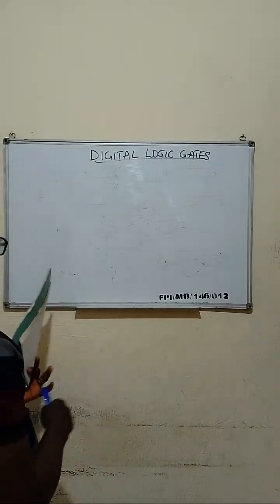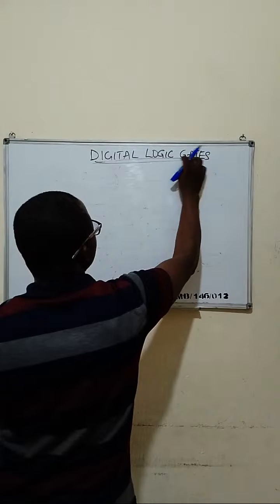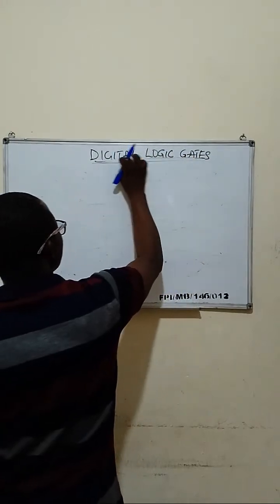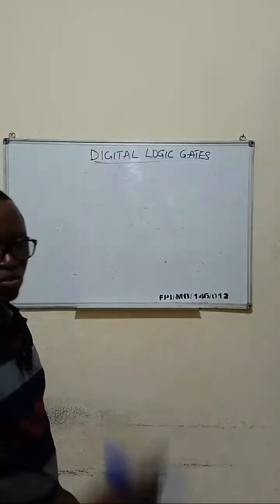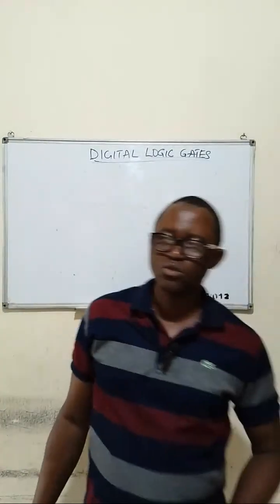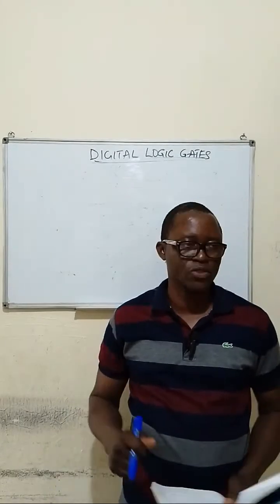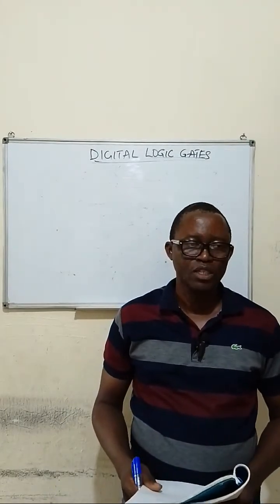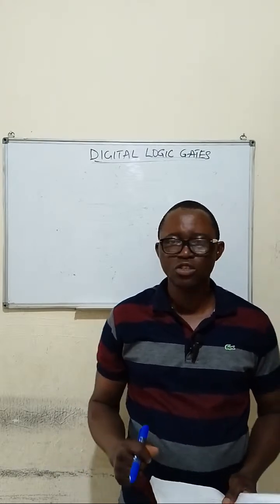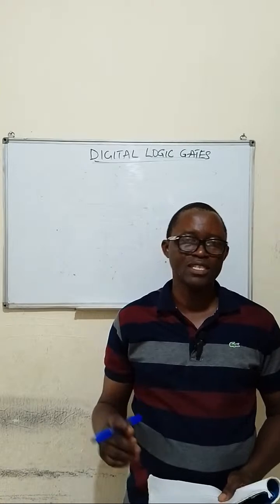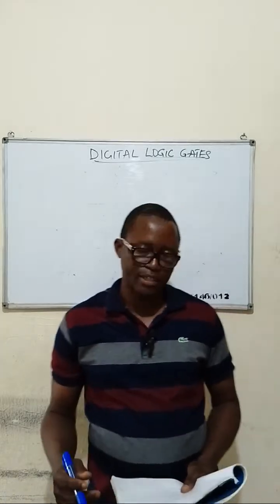Why do we need to minimize logic combination circuits? We need to minimize logic circuits for certain reasons. We minimize so that we can have the simplest circuit that we are going to construct practically. If you minimize very well, you get the simplest logic condition that you will implement using the simplest logic gates.